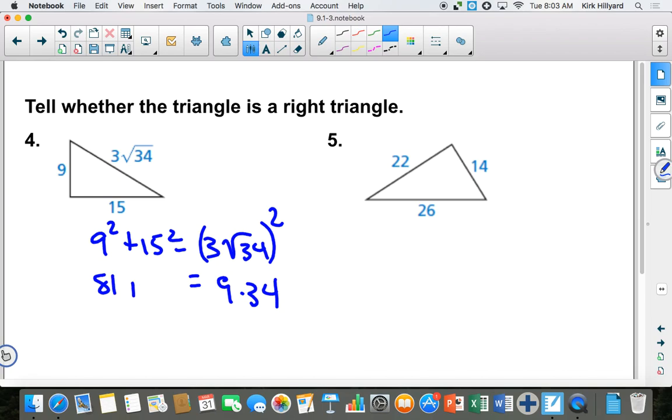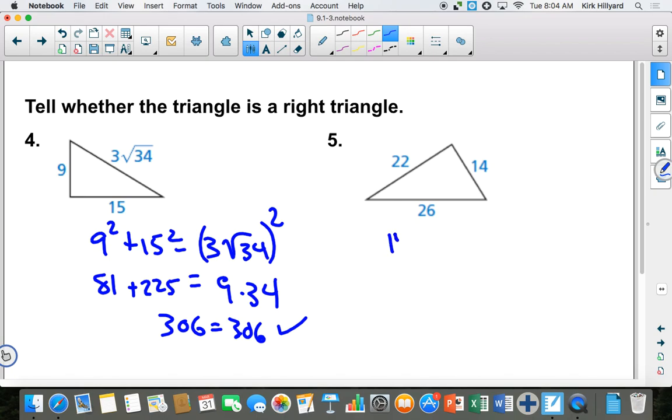This is 81 plus, is 15 squared 225? I think it is. So this is 306, and 9 times 34 is also 306. So yes, that is a Pythagorean triple.